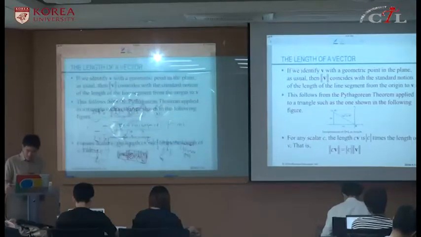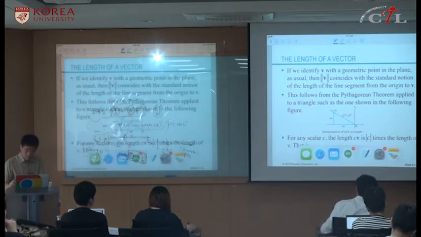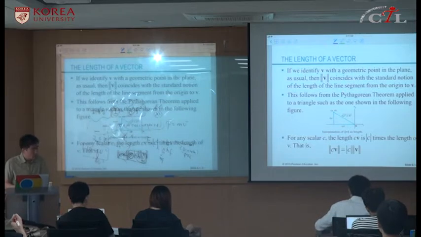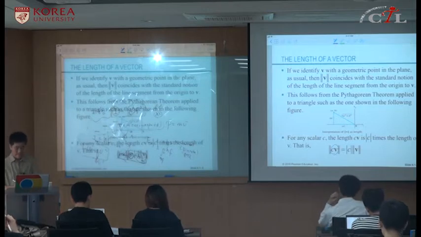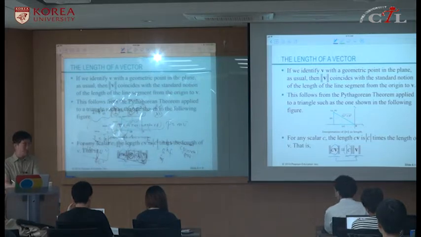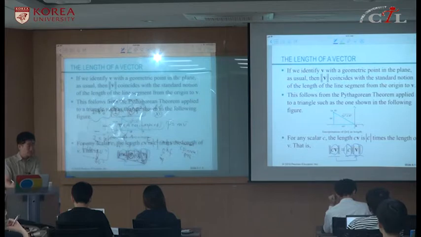When thinking of the length of a scalar multiple of a given vector, it is the absolute value of the scalar times the original vector length.